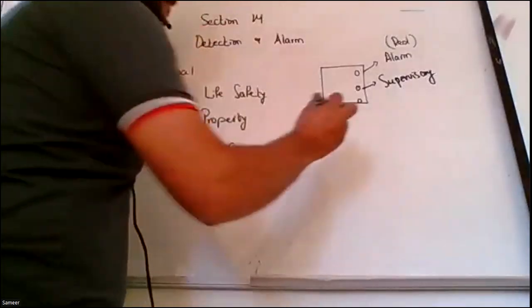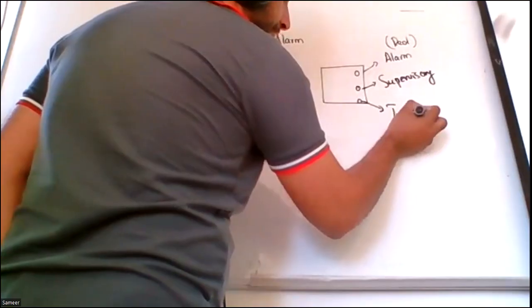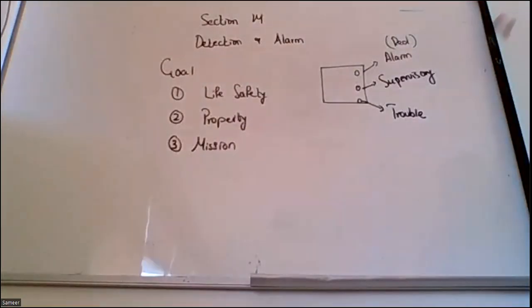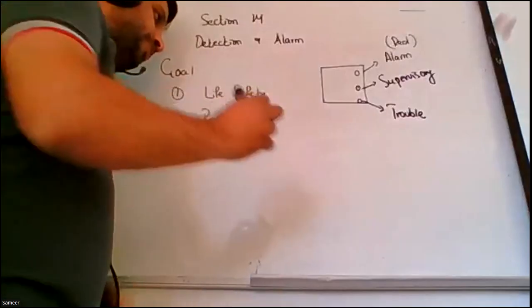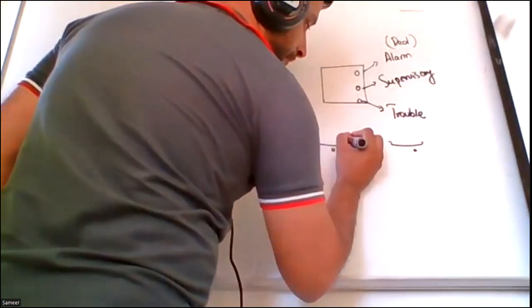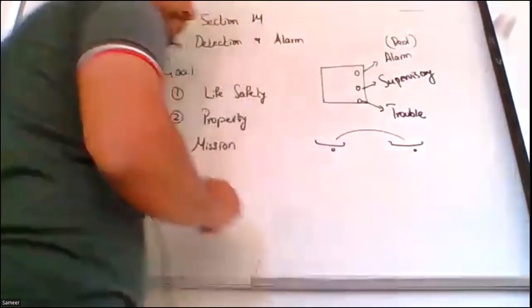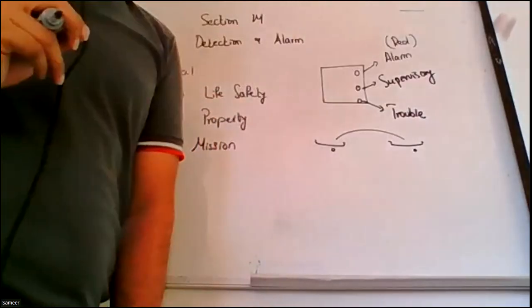Then the third type of signal is a trouble signal. A trouble signal always appears whenever there's a fault in a monitored circuit. According to NFPA 72, most of the faults appear in the detectors, which usually have a series connection in conventional and a parallel connection in an addressable system.